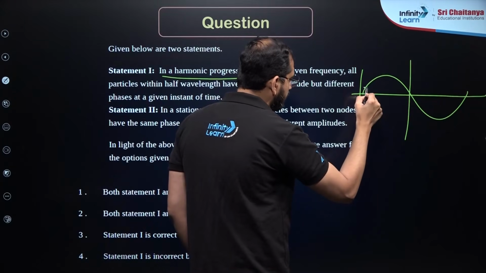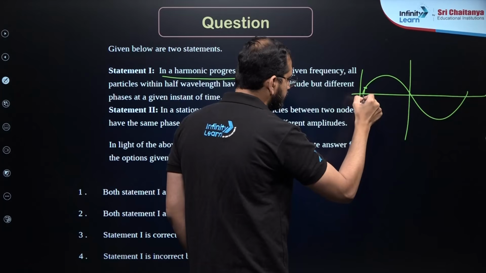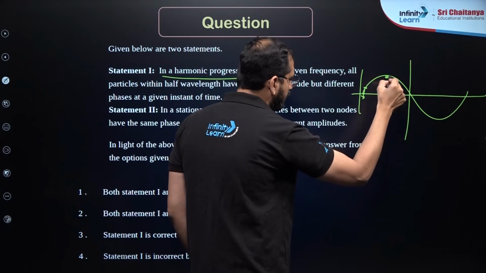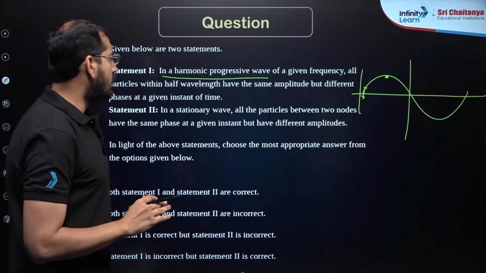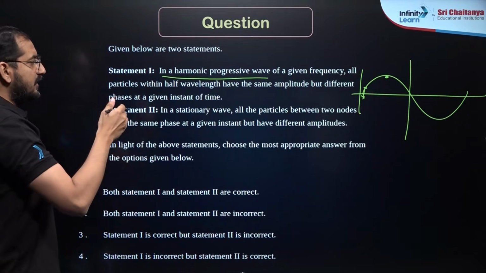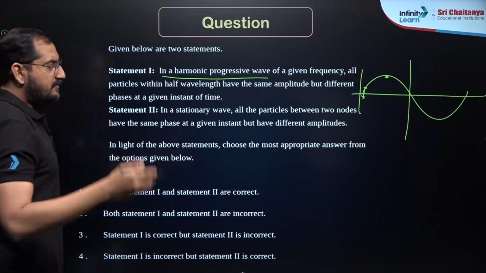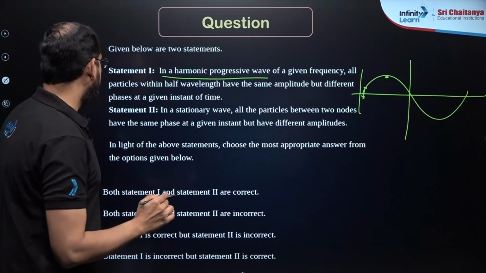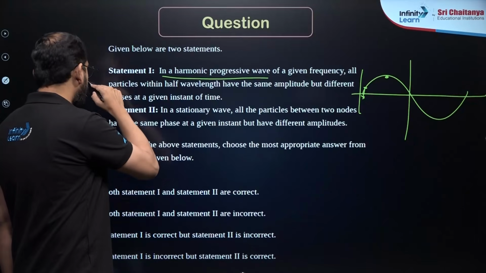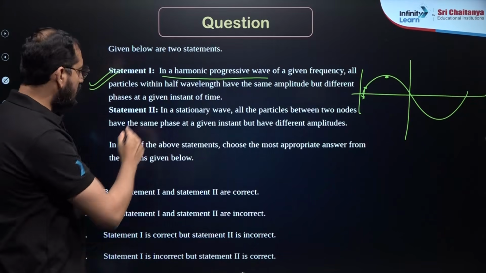This point wants to go down and this point wants to go that side. So the amplitude for all the points is going to be capital A, but the phases are different. The phases are different for all these points. So statement 1 is a true statement.